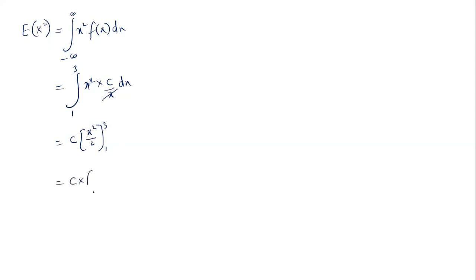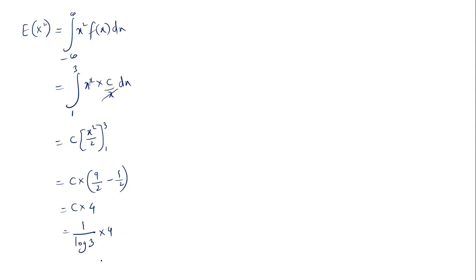So c into the upper limit, that is 3 square is 9 by 2 minus 1 by 2, c into 8 by 2 means 4c. Oh wait, c is not 2 by log 3, c is 1 by log 3 actually.